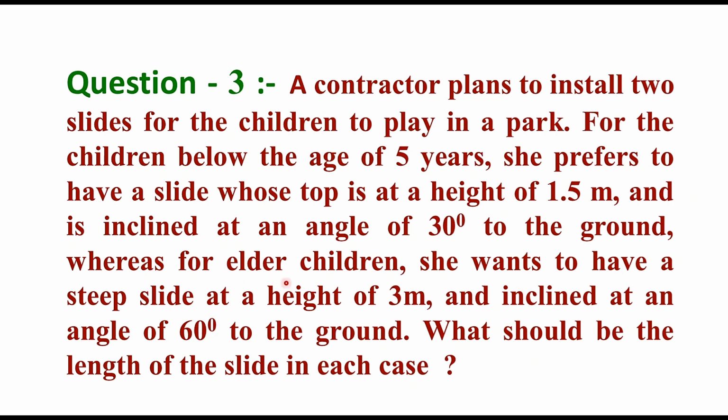Whereas for elder children, C wants to have a steep slide at a height of 3 meter and inclined at an angle of 60 degree to the ground. What should be the length of the slide in each case?